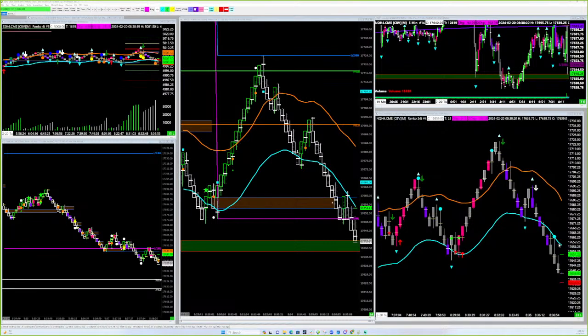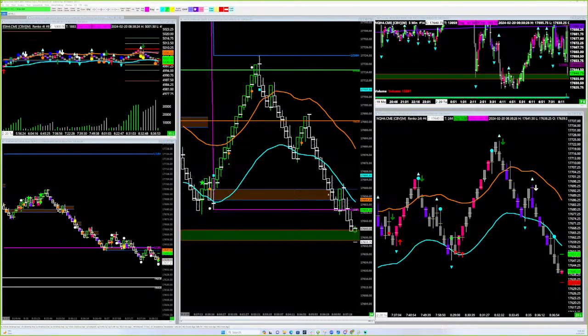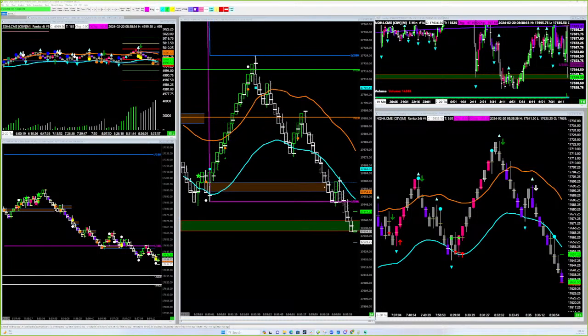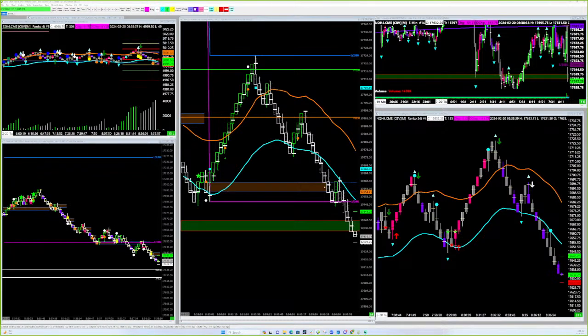I'd say that's an A grade, not A plus, just A grade. And it would be any of these closes as it moves around. So right now it would be 51.50, and that acknowledges that you're willing to trade aggressively in the first 30 minutes. And there is obviously no tweezer's bottom there.